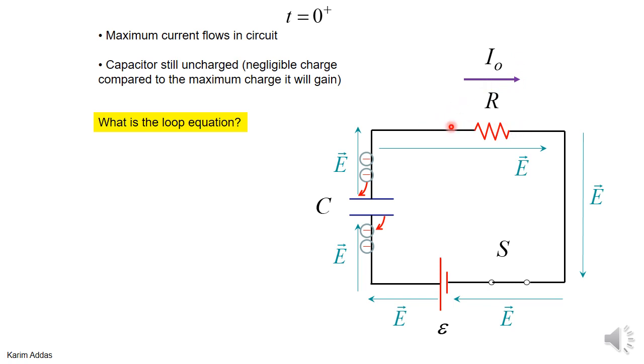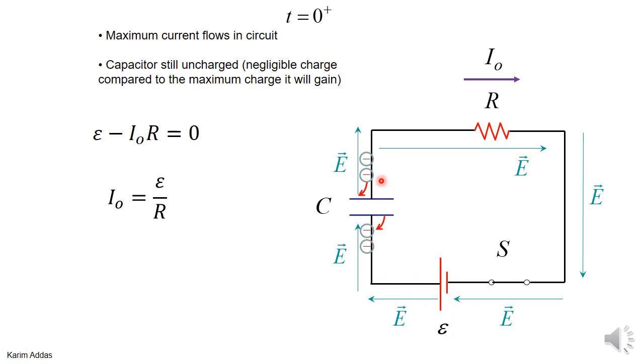And so we want to see at this point in time, when you just close the switch, what's the loop equation? So if you start out, for instance, over here, and you go from here to here, the potential increases by epsilon. And then when you go from here to here, there's no potential drop across the capacitor because it's not charged yet.